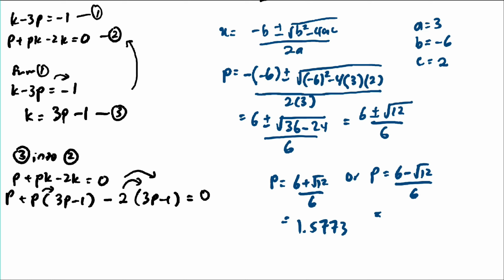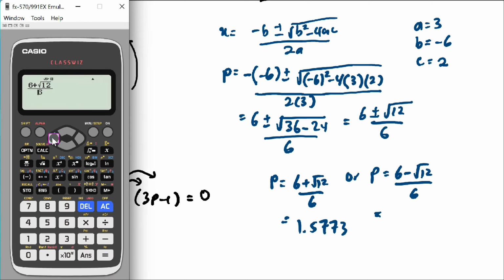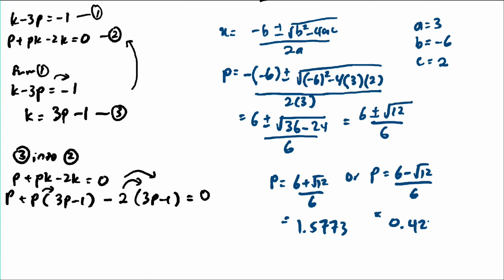And the second one, the same thing, you just have to minus this one, which is equal to 0.4226. This is p.